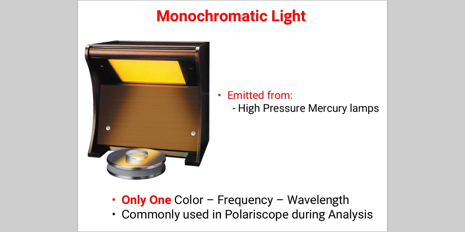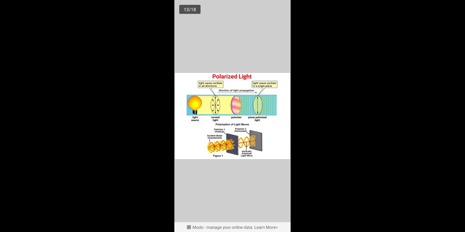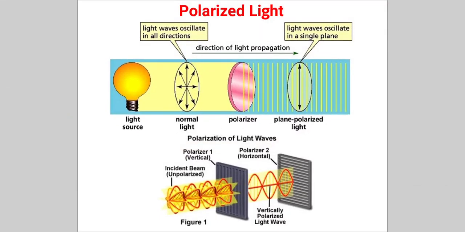As compared to the ordinary light, the monochromatic light source is used for the photoelastic material in the polariscopic device because analysis is very simple through that monochromatic light source. Then polarization of light: as we have discussed, one important element in the polariscopic device is called a polarizer.